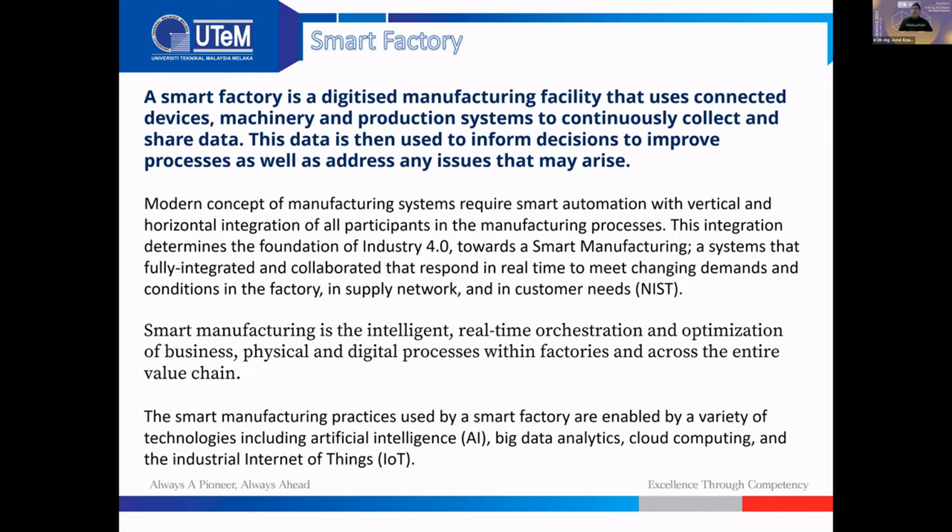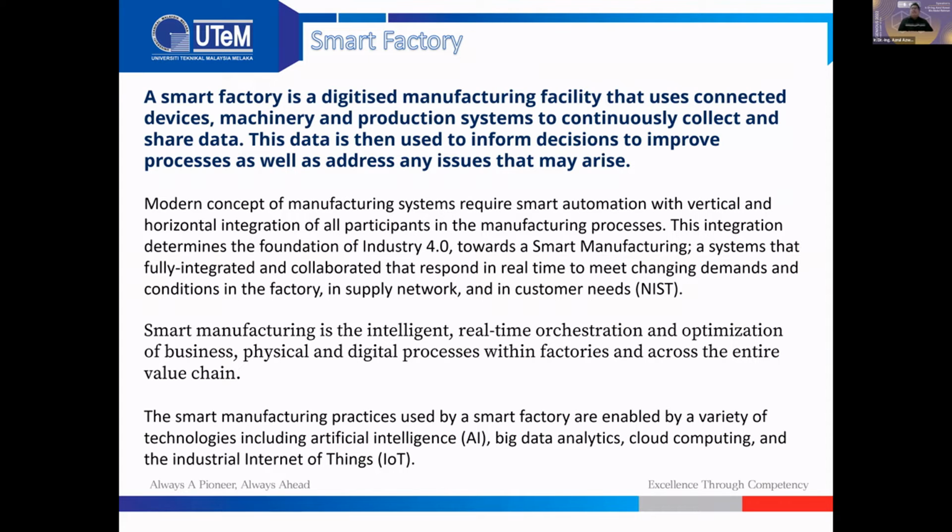The modern concept of manufacturing systems requires smart automation with vertical and horizontal integration. And this integration determines the foundation of Industry 4.0. We're going to talk a little bit deeper into Industry 4.0 later, but right now, everybody, I believe, has already heard this term, Industry 4.0.